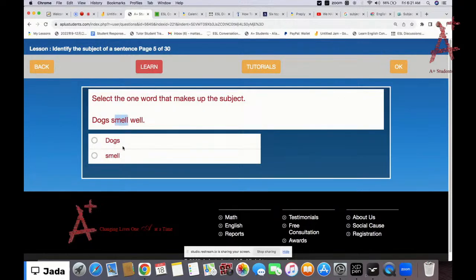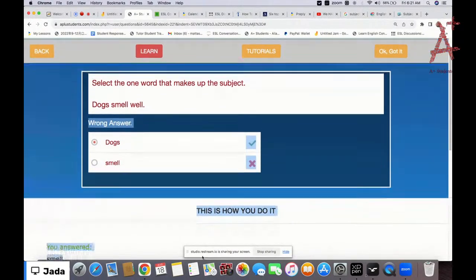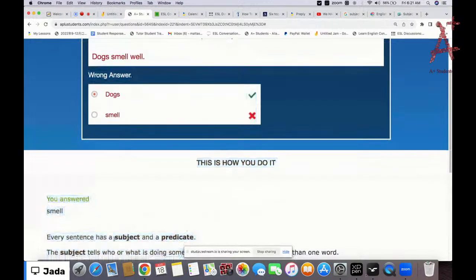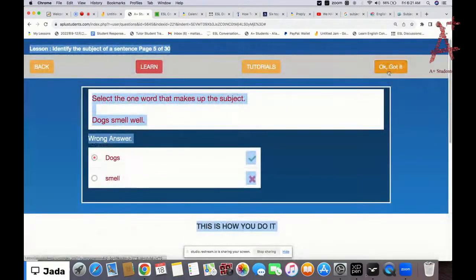So maybe you click on smell, and it's wrong. You just scroll down and you see the detailed explanation down below. All you need to do is read this again and find out what the subject is saying. The subject tells who or what is doing something, and yes, so that's the subject. Okay?